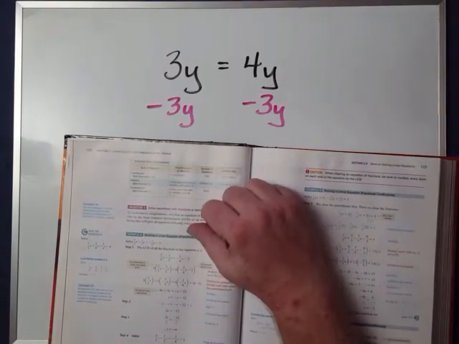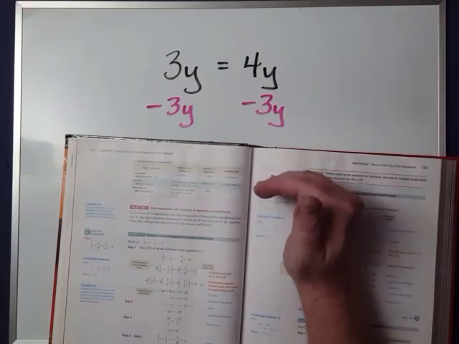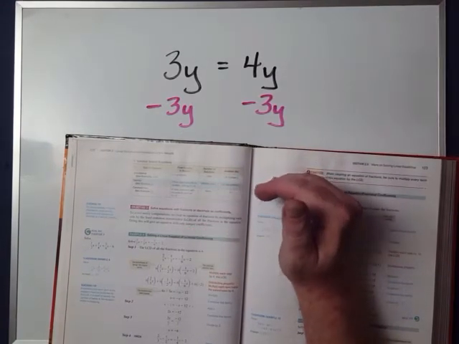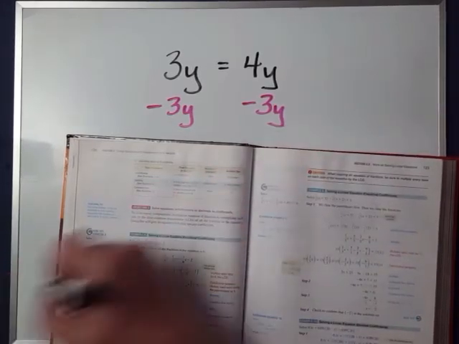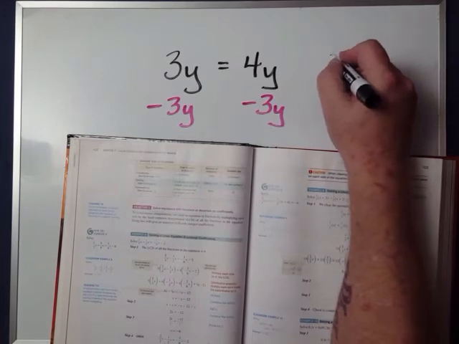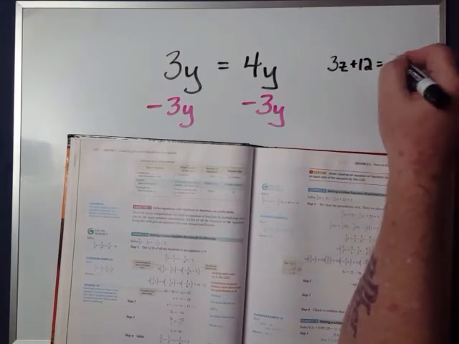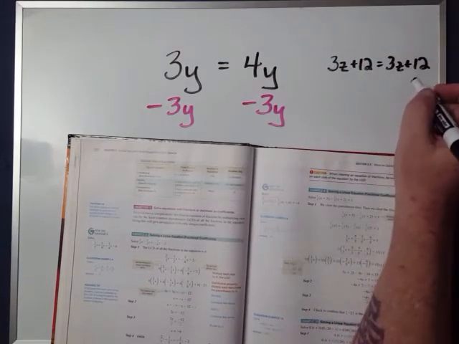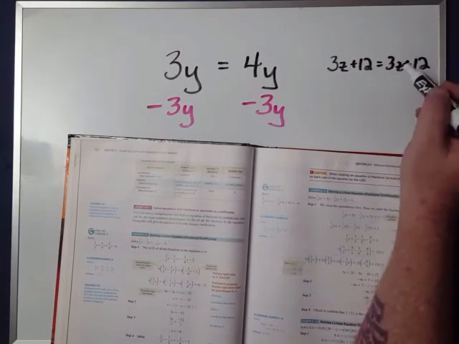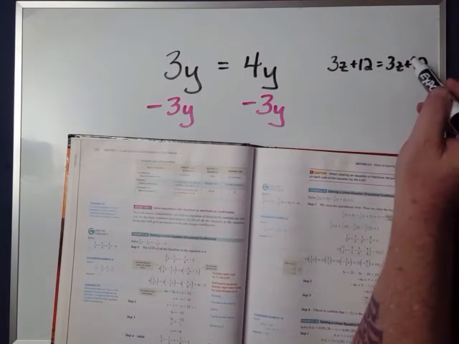Then she talks about an identity. That is a true statement. She says with no variable. And when it comes to linear equations, I'm going to say we don't have to worry about that. Remember, we got down to what? 3z plus 12 equals 3z plus 12. It's okay to go ahead, because this is linear, and say we have a reflexive statement, this is inherently true.